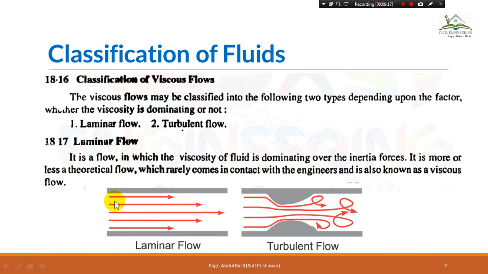Inertial force is the tendency of the particle to keep a state of rest or state of motion, to flow in a straight line. Here the inertial force, which tries to interrupt the flow, is not dominating, because the particles are following a straight line. In that case you can say this is laminar flow.